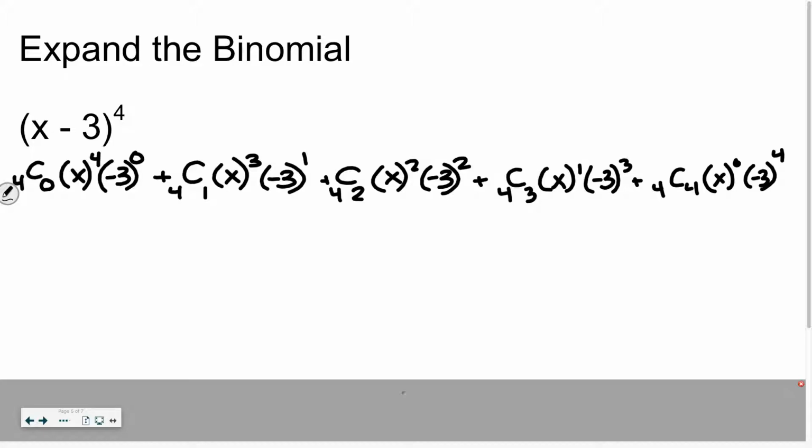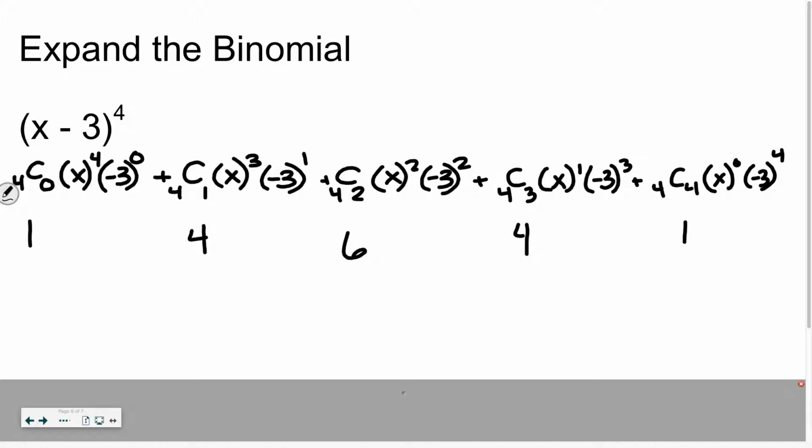Okay. So can you guys tell me what are the other coefficients from that row? 6, 4, 1. Now, if you don't know Pascal's triangle and you don't want to recreate Pascal's triangle in 10 seconds on your paper, you can always use your calculator to do all the combinations.